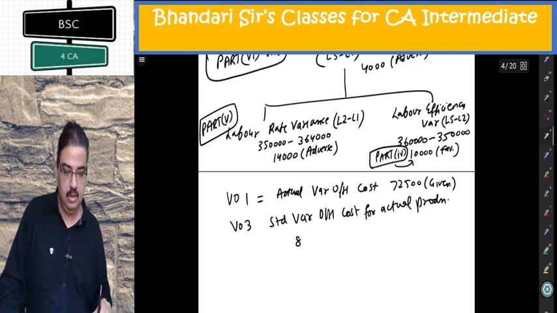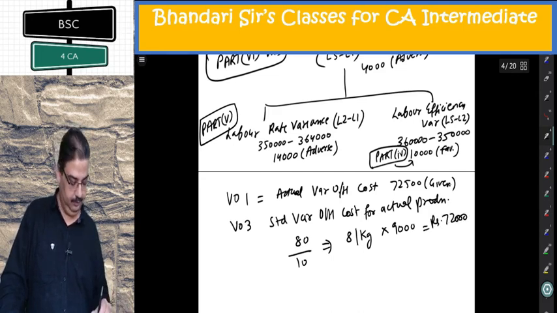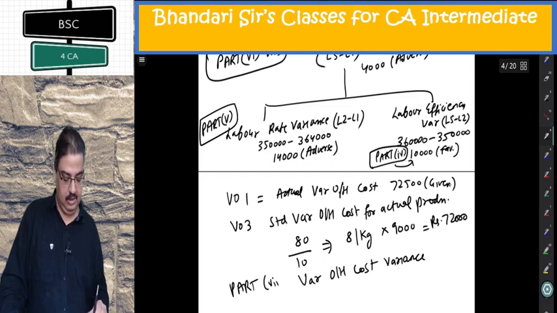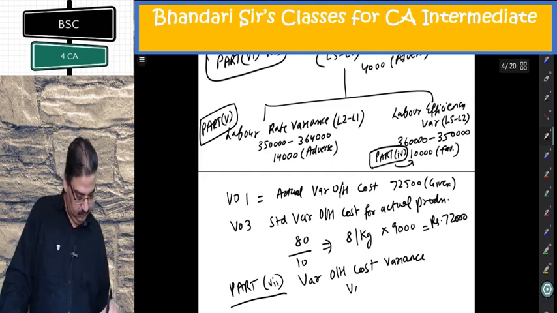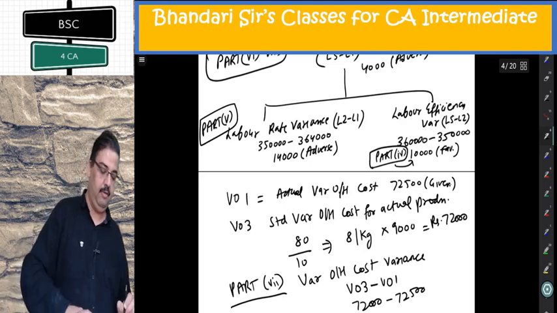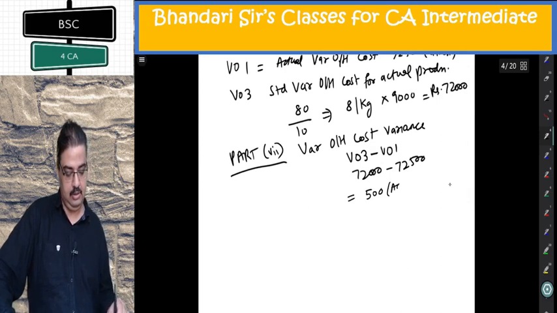This is 80 divided by 10, 8 per kg multiplied by 9,000, 72,000. Variable overhead cost variance, part 7 answer, VO3 minus VO1, 72,000 minus 72,500. The answer is 500 adverse.